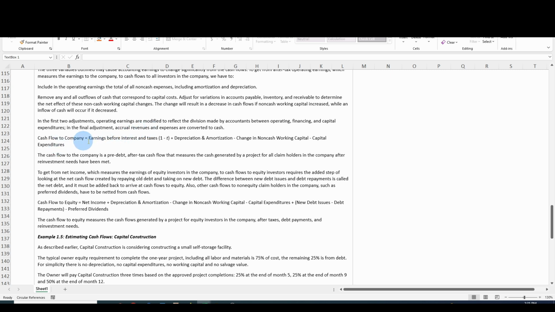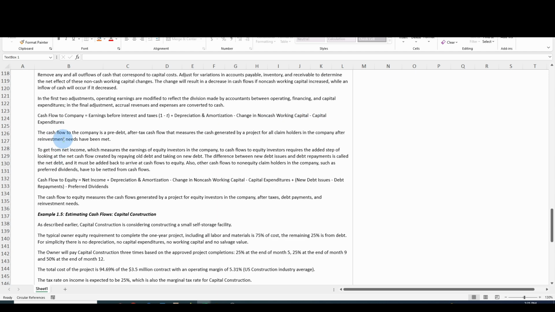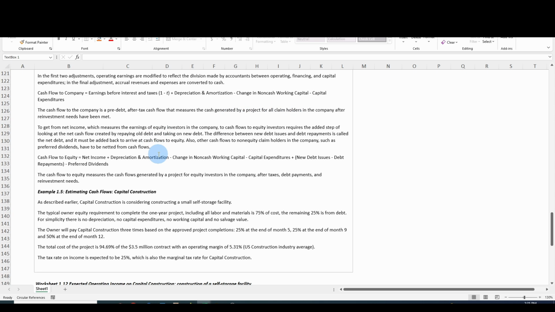Cash flow to company equals earnings before interest and taxes times (1 minus T), plus depreciation and amortization, minus change in non-cash working capital, minus capital expenditures. The cash flow to the company is a pre-debt, after-tax cash flow that measures the cash generated by a project for all claim holders in the company after reinvestment needs have been met.